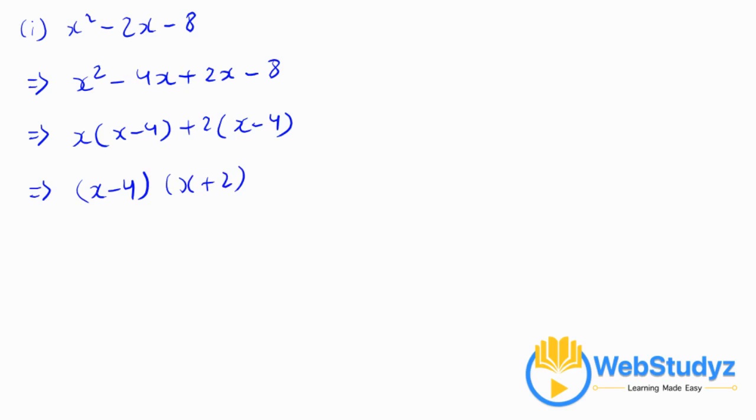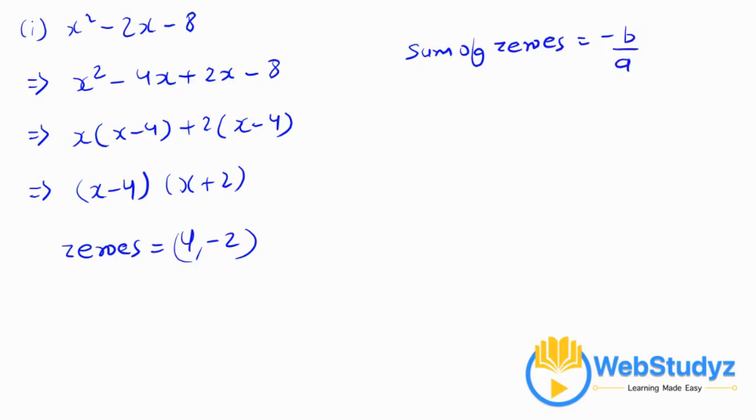So the zeros of this polynomial will be 4, minus 2. Let's verify this. We know that the sum of zeros is equal to minus b by a.